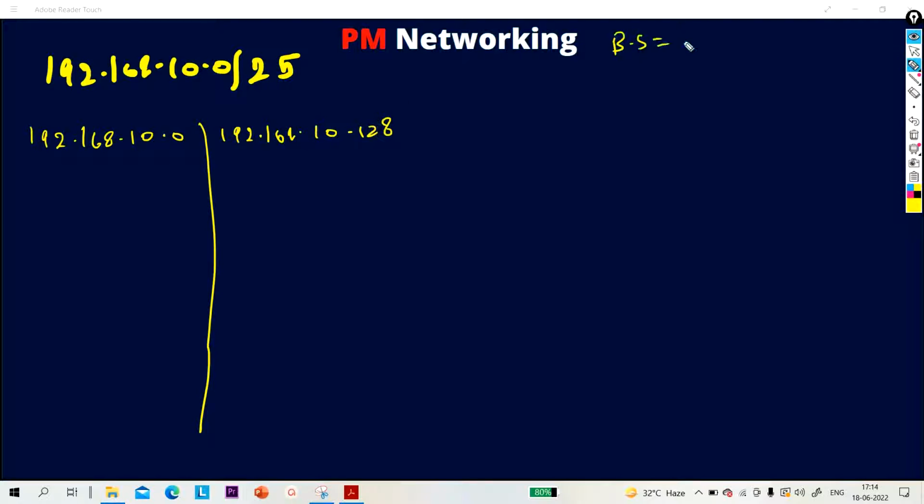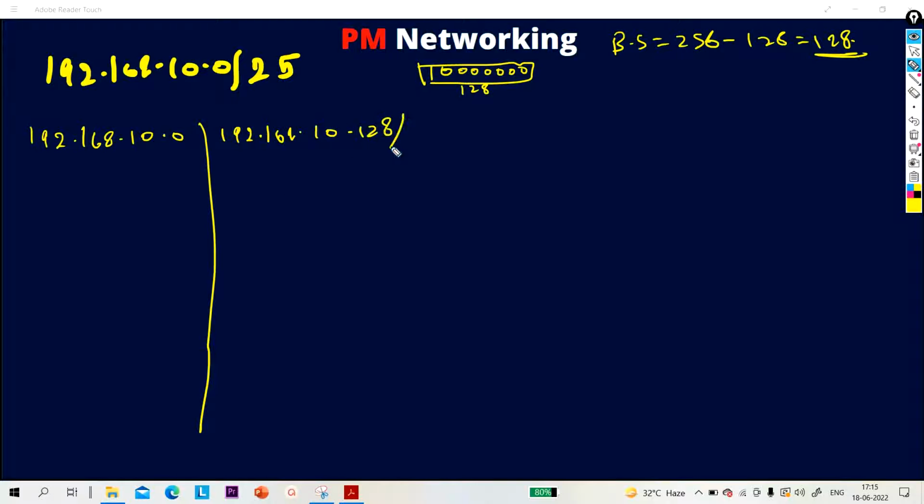The formula to calculate block size is very simple: 256 minus the subnet mask of that octet where the last one is present. The last one is present in the 4th octet, and the 4th octet is like this, 1 and 7 times 0, so the subnet mask will be 128. 256 minus 128, you will get 128. This is your block size, right?